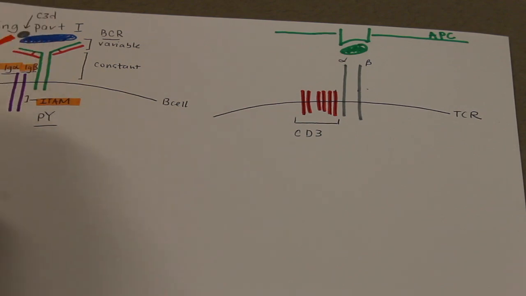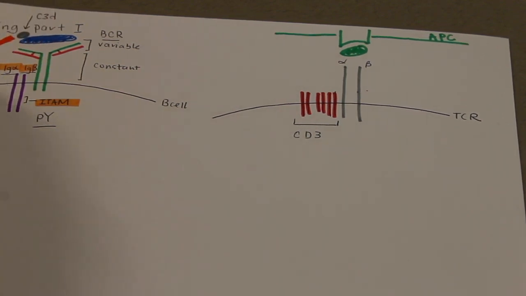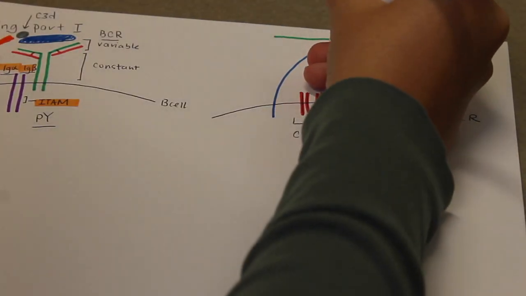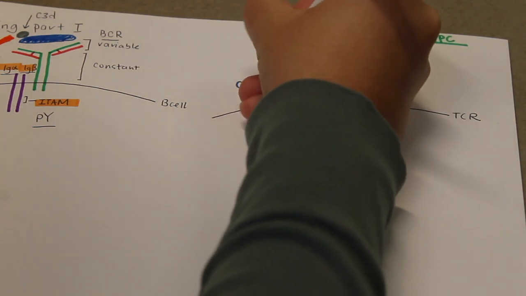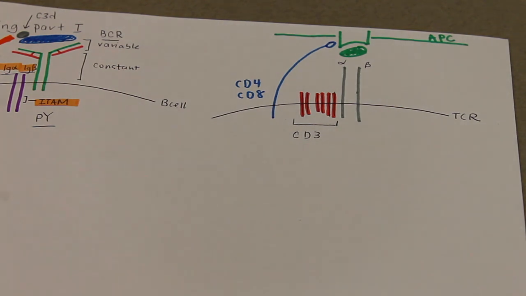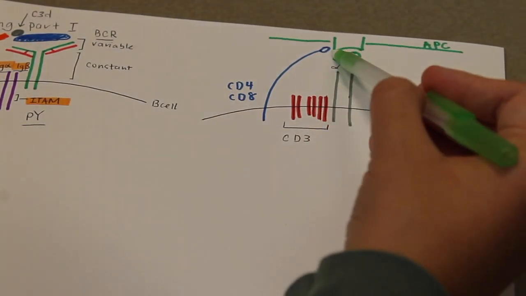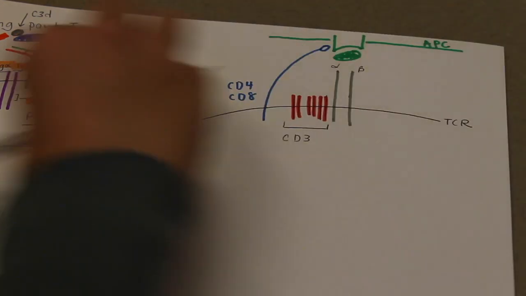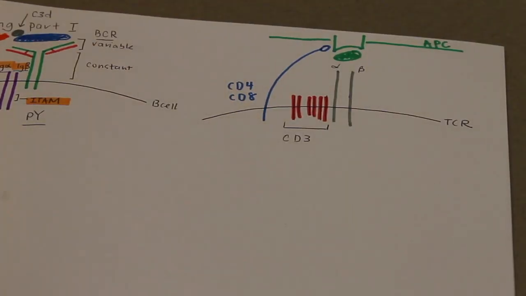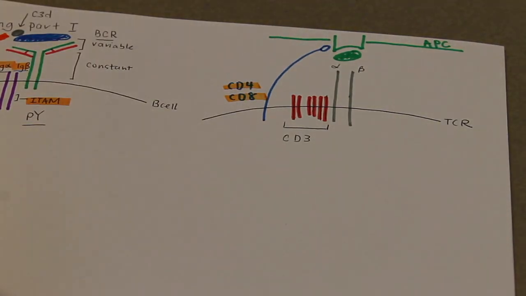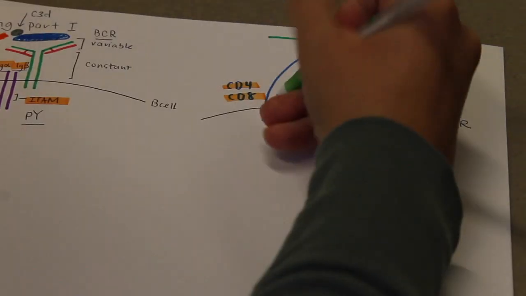And then we have the co-receptor CD4 or CD8, depending on what MHC molecule we have. Again, something very similar is happening with CD4 and CD8, increasing avidity of this interaction because it's interacting with MHC. That's an important component of this reaction.